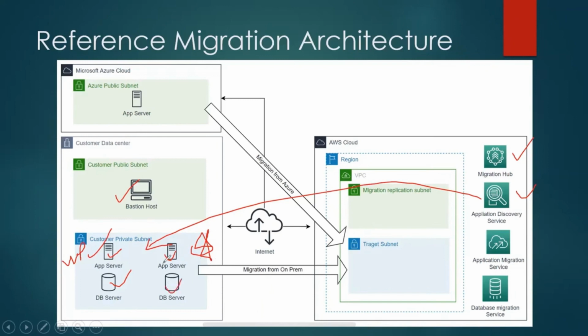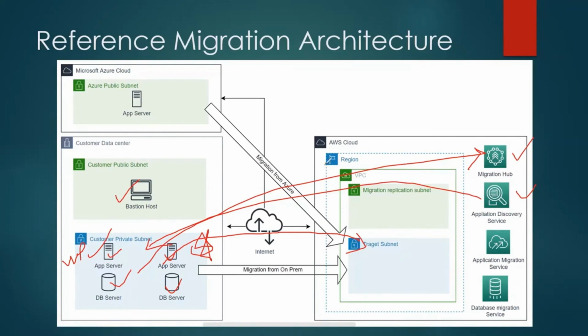Now the replication has started, and all this communication is encrypted. From a security perspective, the data is being replicated, and all the data will be shown in the migration hub. So everything is secure from a security point of view. All this data will be encrypted.